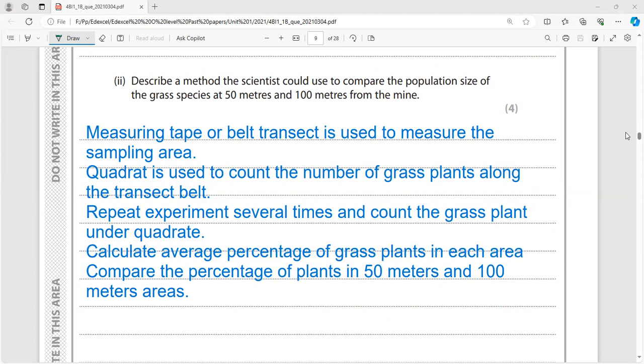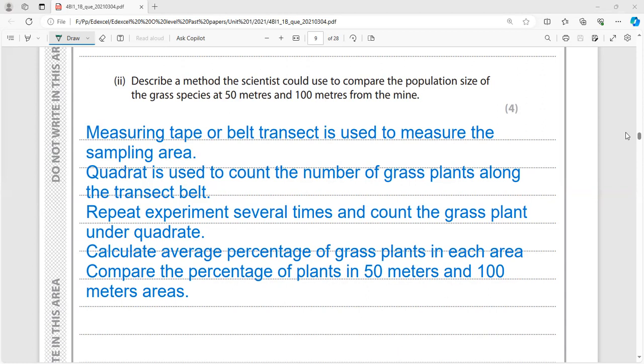We can take a measuring tape or belt transect method used to measure the sampling area. First, we're going to lay a belt transect that will start from the zinc mine and move to 100 meters away from the zinc mine, and we can use a quadrat. So we will place a quadrat along the belt to count the number of grass plants.